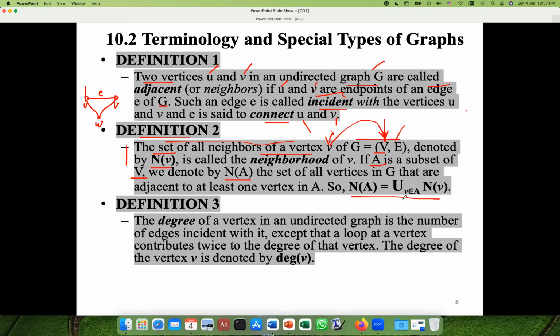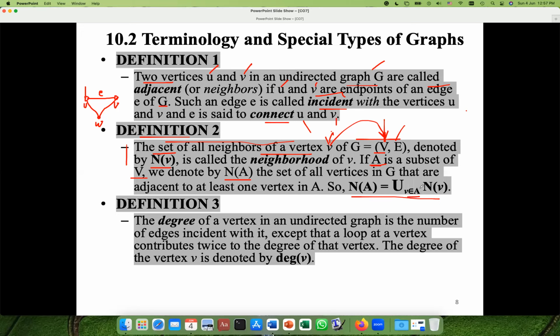You have to take the union of, for each small v that belongs to A, you take one vertex from A first, then a second vertex from A, then a third vertex from A, up to the last vertex available in the subset A. And then you have to find the neighborhood of each vertex which is available in that A.